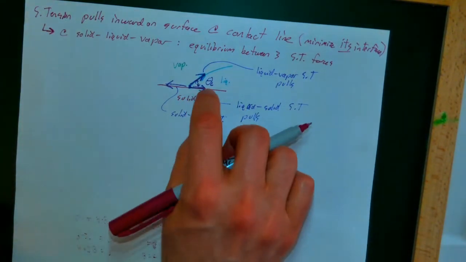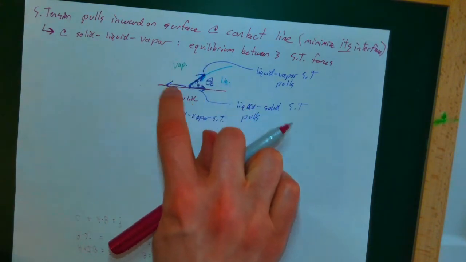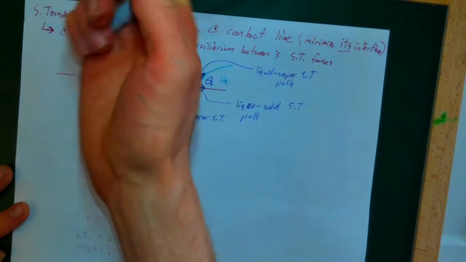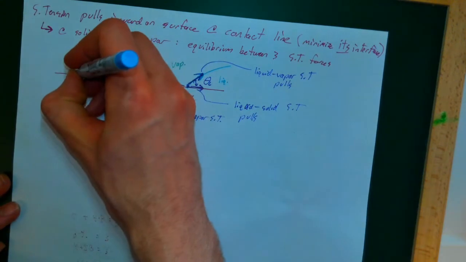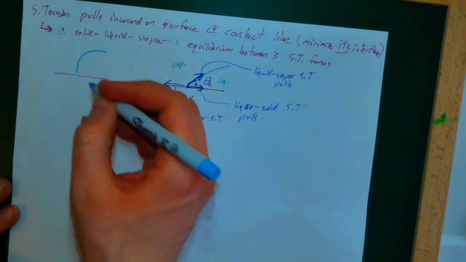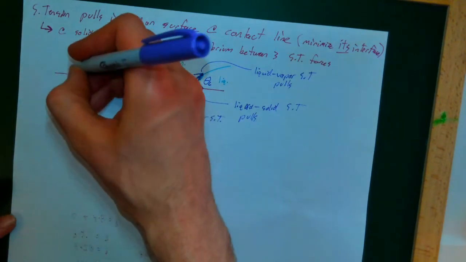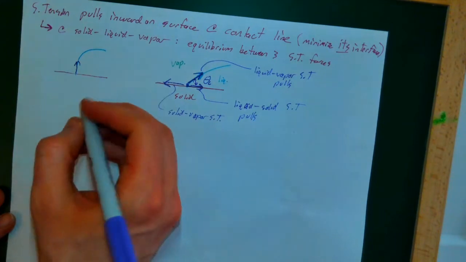So let's say there's this default contact angle of 45 degrees for this particular combination of liquid, vapor, and solid. If, when I first plopped this droplet down, it started off with one that was too high, well, the liquid-vapor is pulling like this.